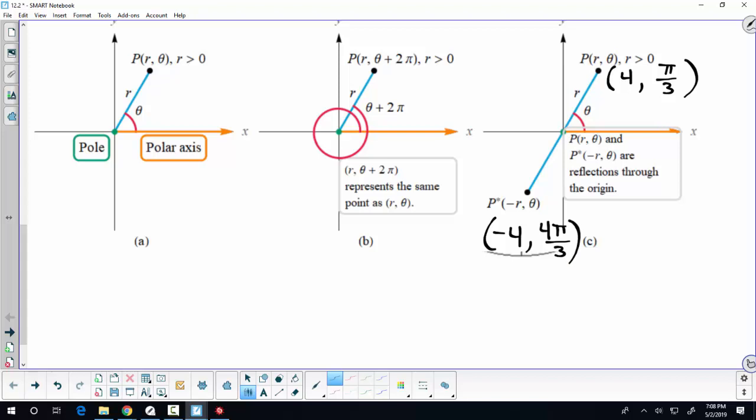What do y'all think? Or is it just that it'd be (negative 4, pi over 3)? So here, the reflection through the origin just has us negating r. This theta and this theta are still the same.